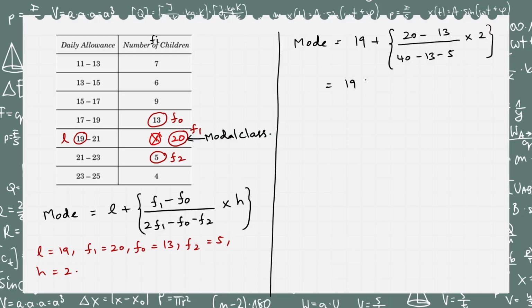Continue further. 19 plus 20 minus 13 is 7 divided by 40 minus 13 minus 5, which will be 40 minus 18, right? 22, right?